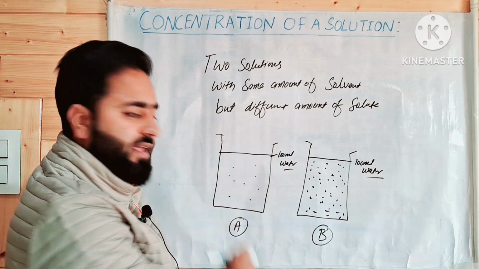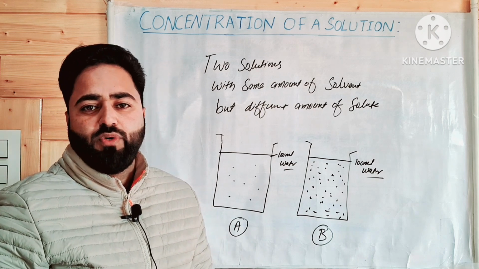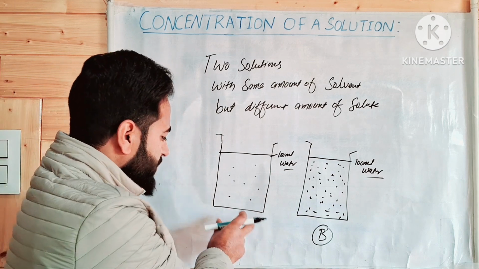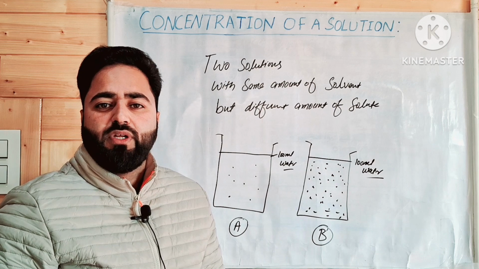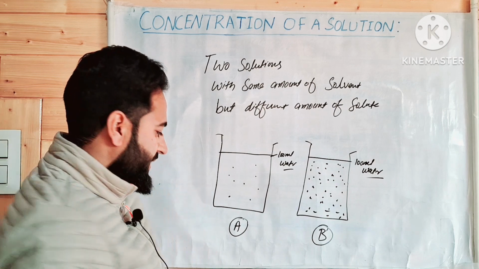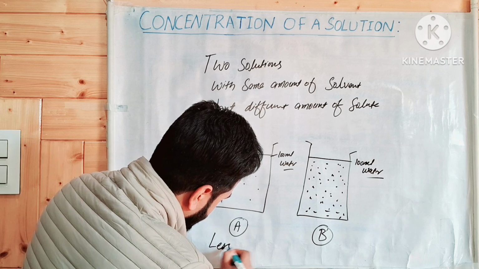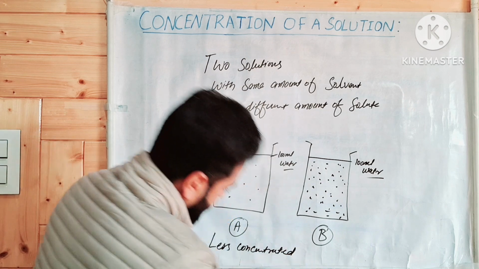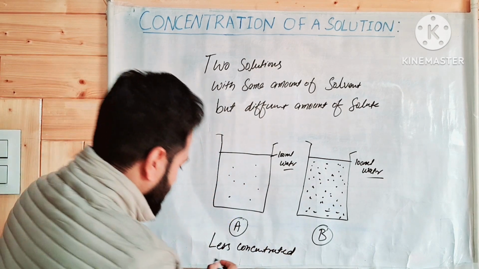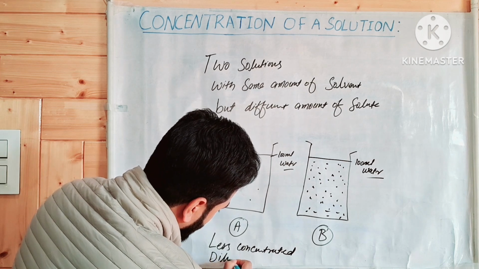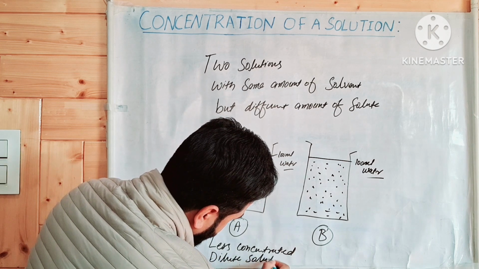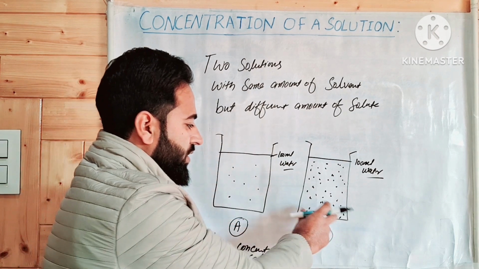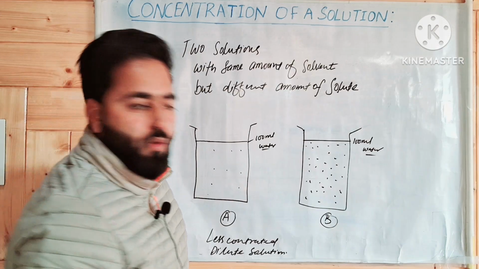Now we have 2 solutions with the same amount of solvent but different solute. In solution A we have less amount of solute, and in solution B we have large amount of solute. The solution having less amount of solute is said to be less concentrated. It is also called a dilute solution. And solution B, where we have large amount of solute present, is said to have high concentration.